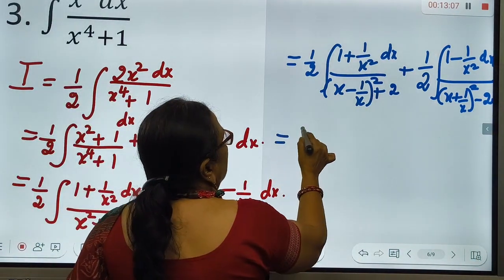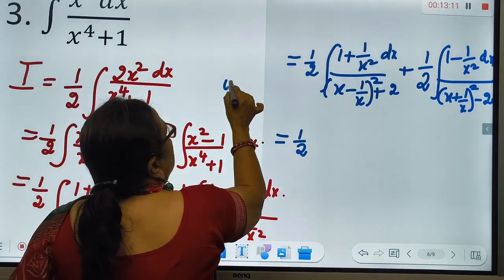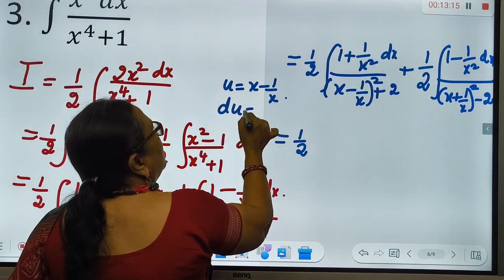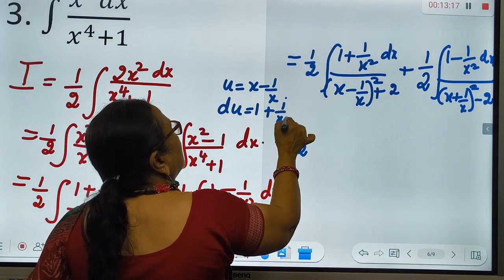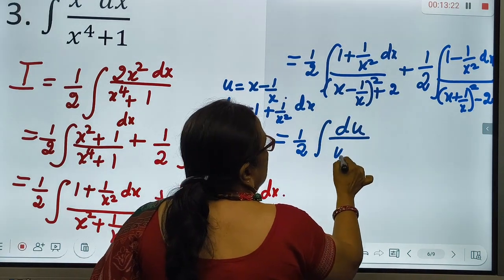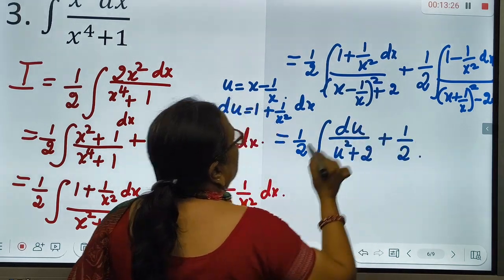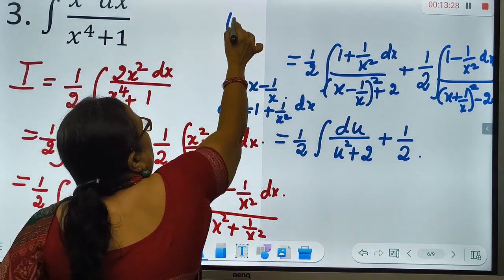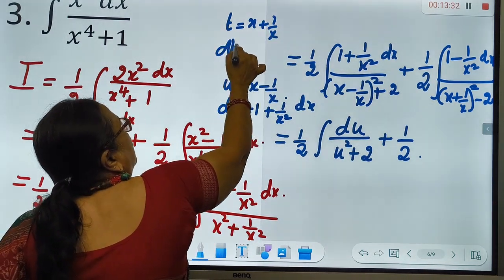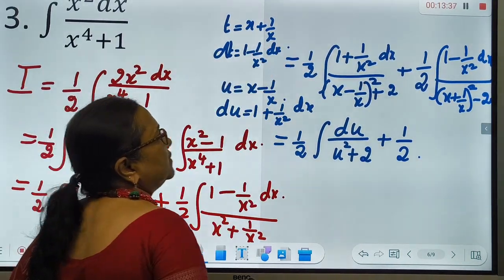This will be half into, if I write u as x minus 1 by x, du will be 1 plus 1 by x square dx. So this becomes du by u square plus 2, plus half into, if I write t as x plus 1 by x, dt will be 1 minus 1 by x square dx.